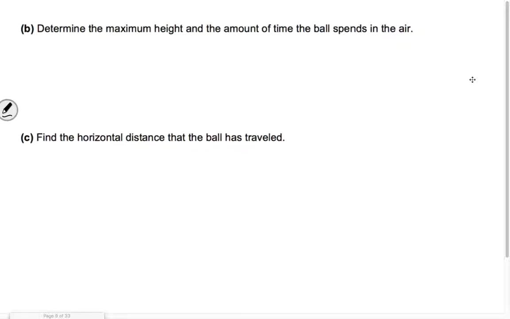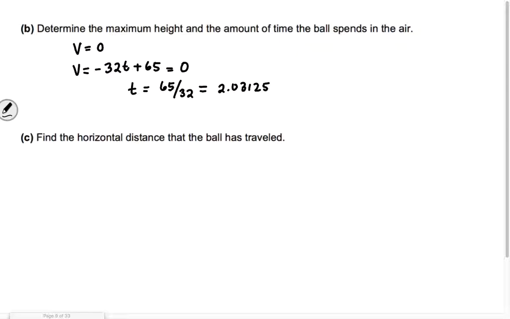My velocity equation was negative 32t plus 65. So we're going to get a time there. It's going to be whatever 65 over 32 is. 2.03125. So we can just use that, or you can store the answer. It comes out nice and even, I guess.